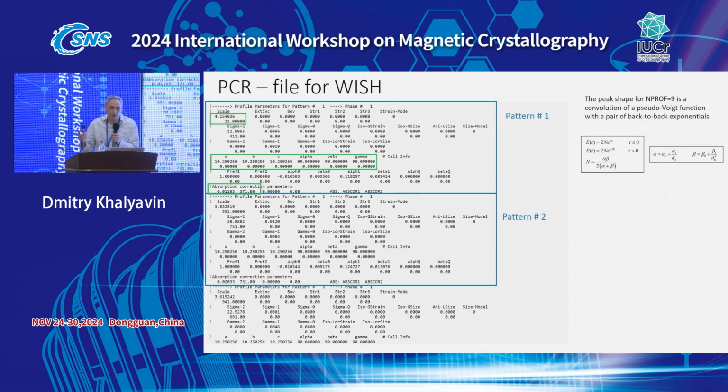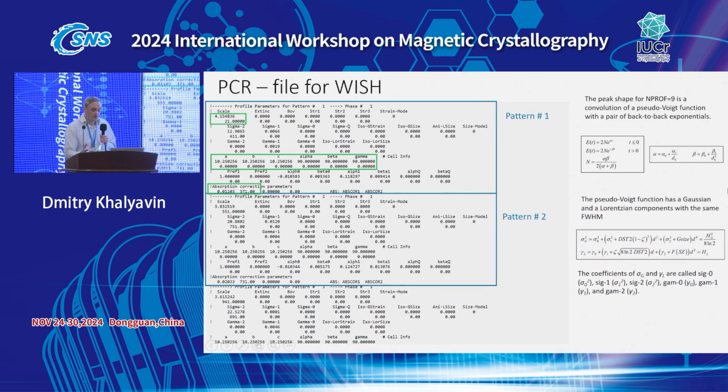So back-to-back exponentials describe the rising part of our peak, which is usually very sharp, and then the decaying part, which is described by 2 exponents, alpha and beta, and we assume that these exponents also depend on d, so they're different on different parts of the pattern, and they have this parameterization.